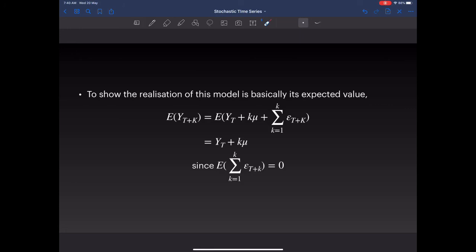Theoretically this is how we define our random walk with drift.